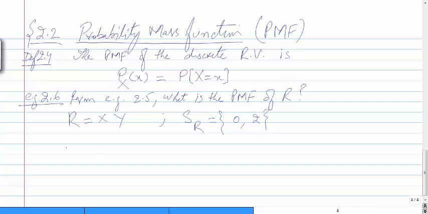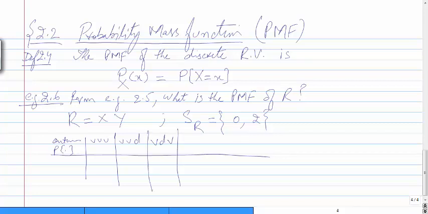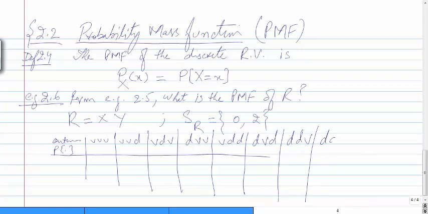Because PMF is defined based on probability, to calculate the probability it's better to make this table quickly. So these are outcomes, this is probability. Now if you remember, we have 3 voice data, then voice data voice, then data voice, then voice 2 data, then data voice data, then 2 data and voice, then 3 data and voice.